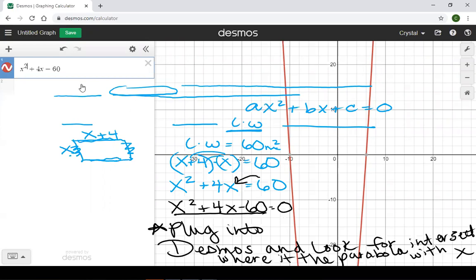Look at my equation and make sure it's the same as yours. Who has the same parabola that I do? Good.